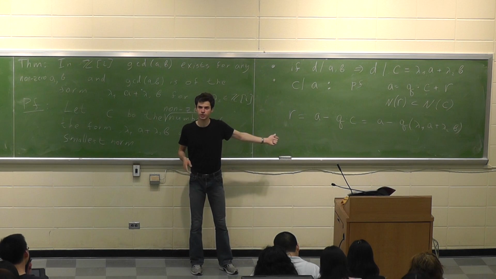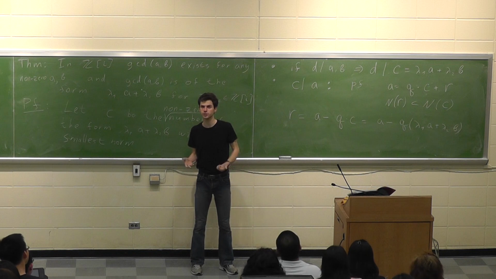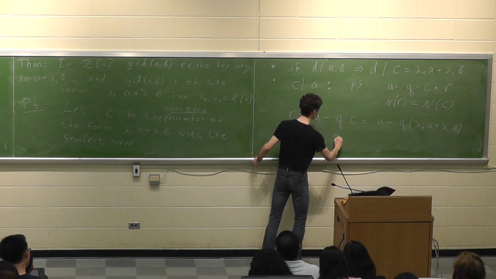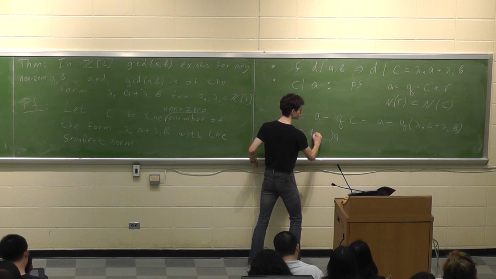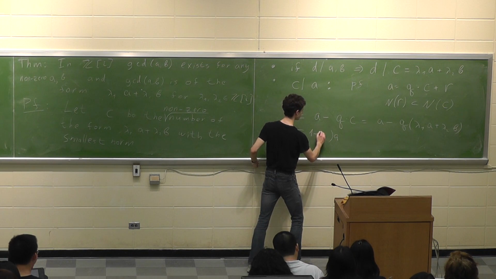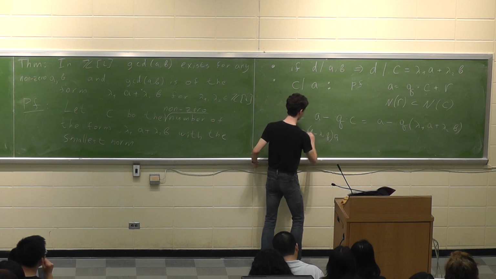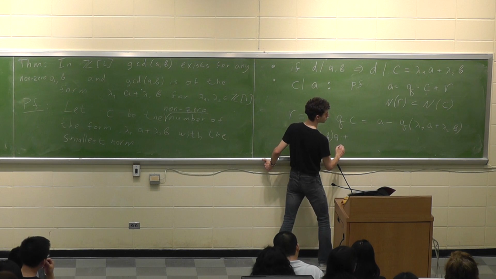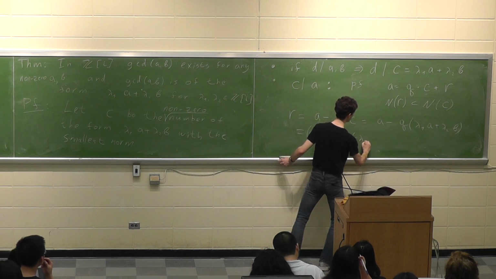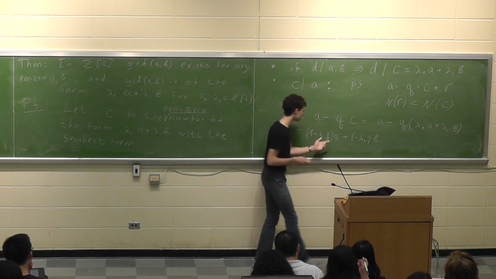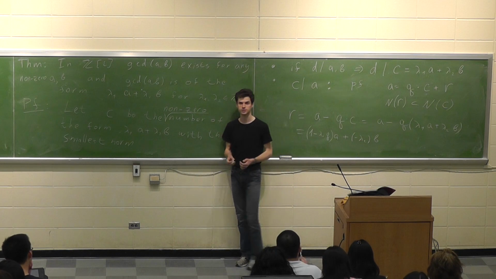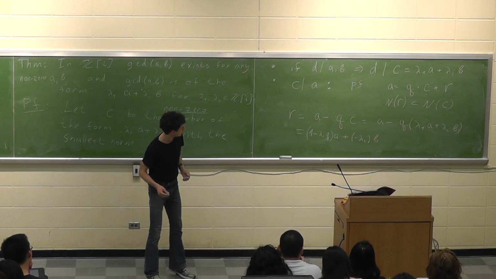But then it is a linear combination of A and B with Gaussian integer coefficients. It's A times this Gaussian integer, 1 minus lambda 1 times the quotient, minus lambda 2 times the quotient times B. So it is a linear combination of A and B with some Gaussian integer coefficients.